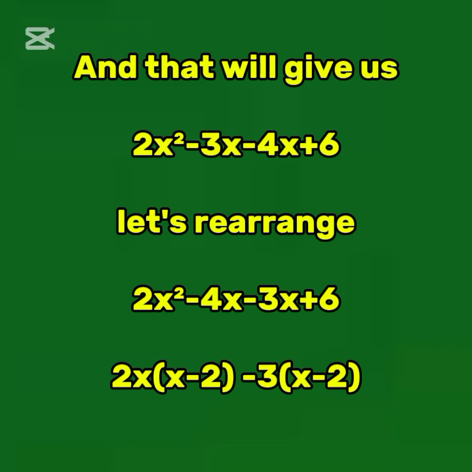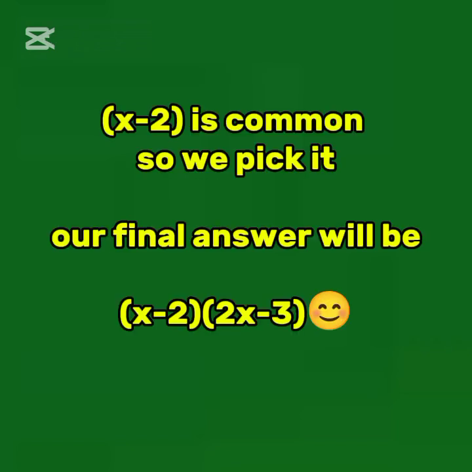So we'll continue. When 2x divides 2x squared, we have x, and when 2x divides 4x, we have 2. If you come over to the second bracket, 3 is common, and when 3 divides 3x, we have x. When minus 3 divides plus 6, we have minus 2. So x minus 2 is common, so we pick it. Our final answer will be x minus 2 in brackets, 2x minus 3, which is what we used to divide.